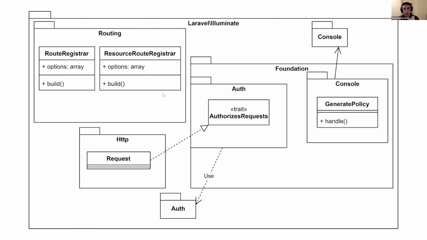But there was no such option for the resource route registrar, and I thought it was not intentional. I thought it would be a good contribution to add this missing option to the resource route registrar, because intuitively it should be there, because the missing option can also be bound to the resources.